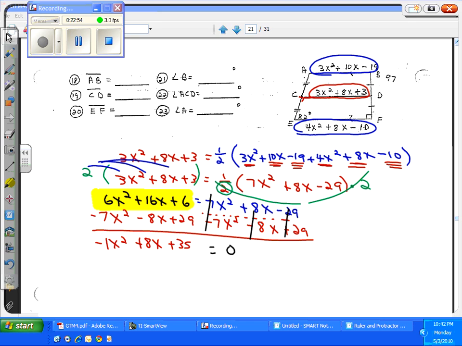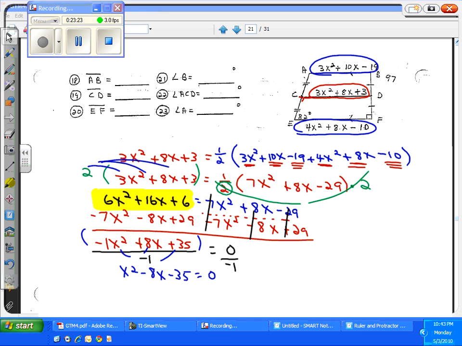Now, we could make this a little bit simpler to try to factor by making a equal to 1. We could do that by dividing by 1, which would distribute itself here. And we would get x squared minus 8x minus 35 equals 0.